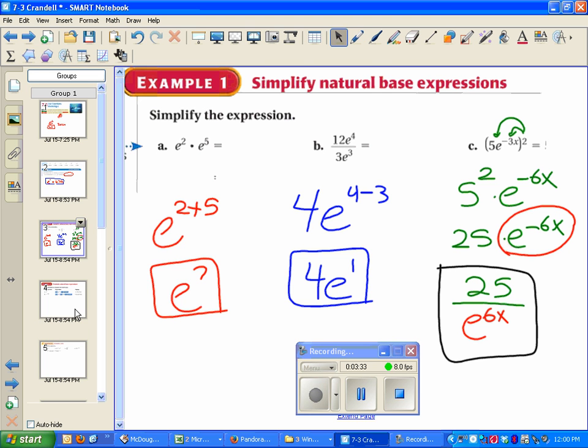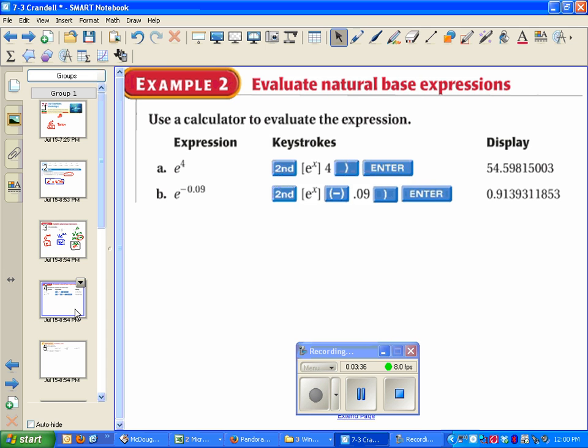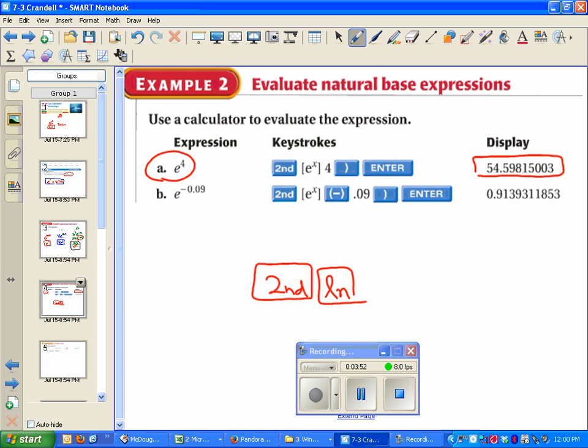Right? A little calculator fun, so e to the 4th. You should get 54.598, so try that. You'll probably look for, again, the second ln button, and then the process of doing that is your e to the x, and then after that put 4 and then equals or enter.